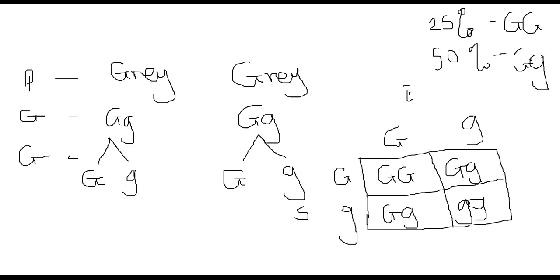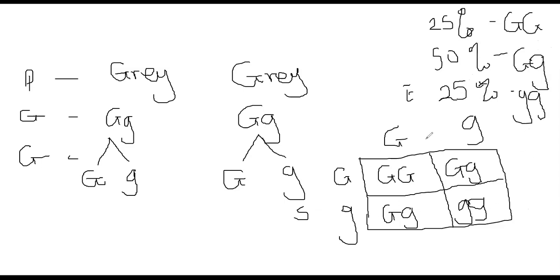So if it's heterozygous but predominantly gray, it means that you have a capital G allele and a lowercase g allele, all right? But then you have a 25% chance also of having charcoal offspring.